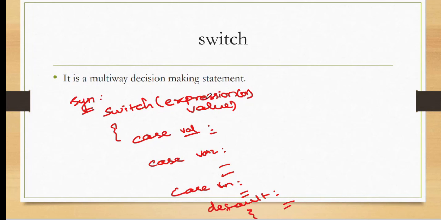If the expression matches any one of the cases, it will go to that particular case and execute from there. For example, switch on a character. The character is C, a particular character that I have entered. If the character is case A, print A enters.